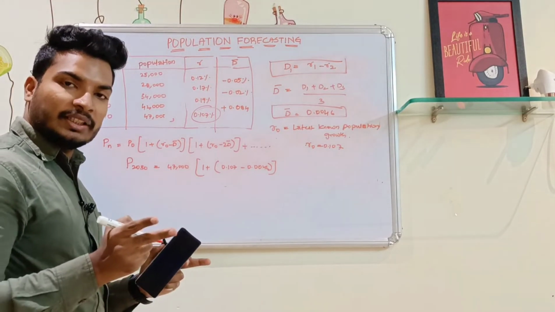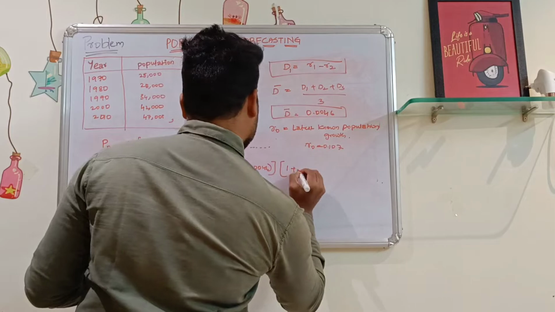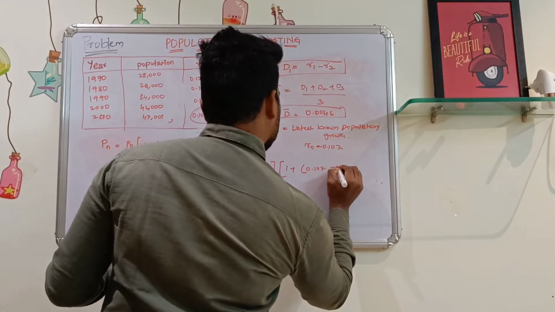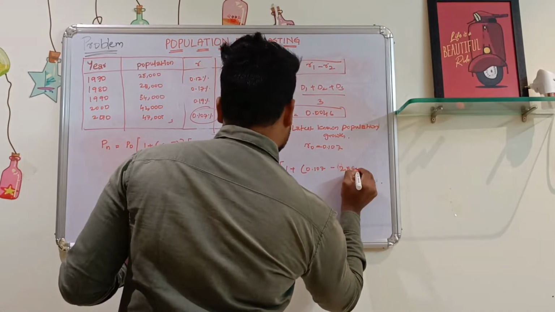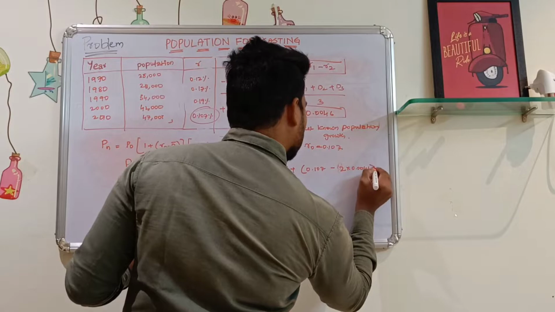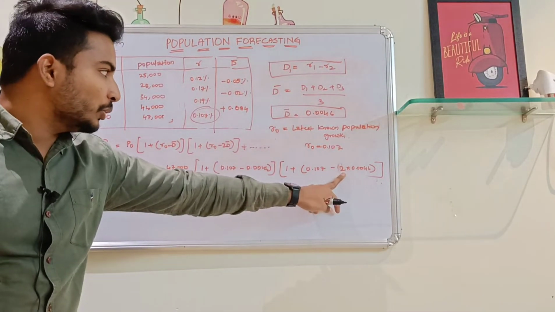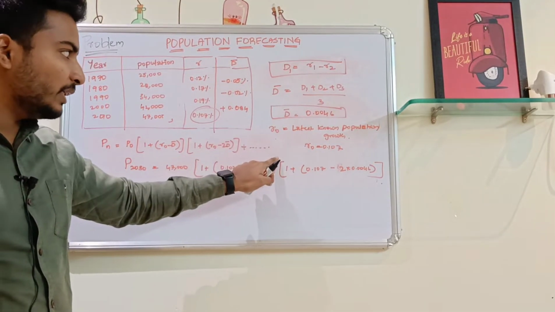We need to calculate it for 2 decades, into 1 plus 0.107 minus 2 into 0.0046. So n value is 2, so we need to stop at 2. The next term will be 0.